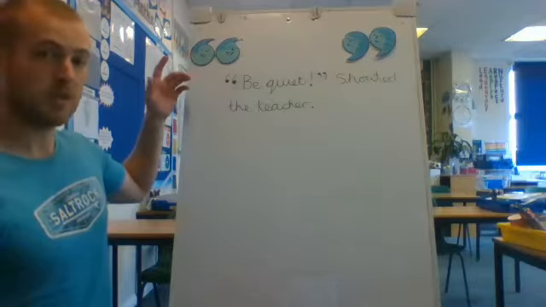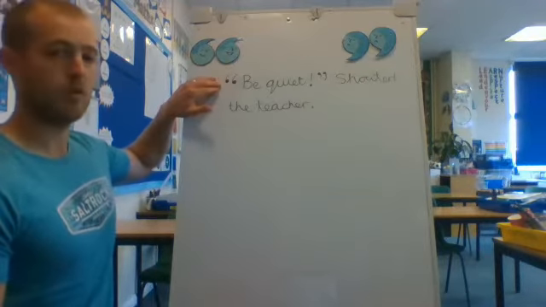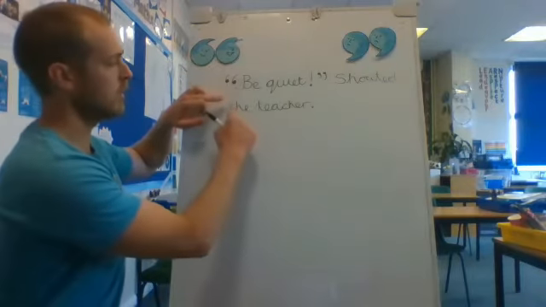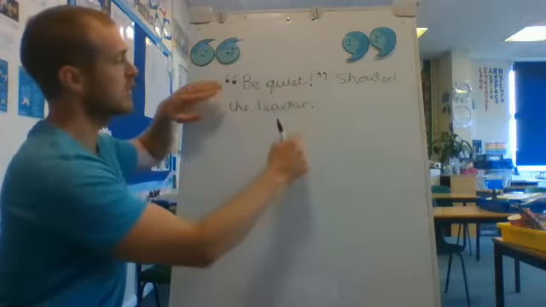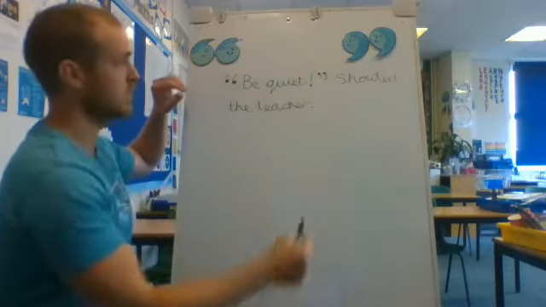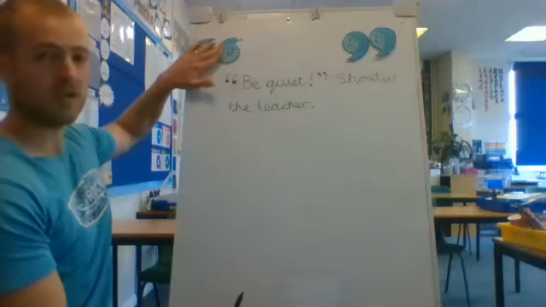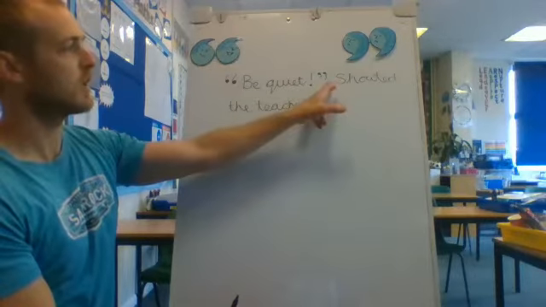We use our speech marks or inverted commas to show this. And they hug the words which are spoken. We know that the teacher is speaking and they're saying the words be quiet. So we need to indicate that by hugging that part of speech with our speech marks. We will start with 66 at the start and 99 at the end.